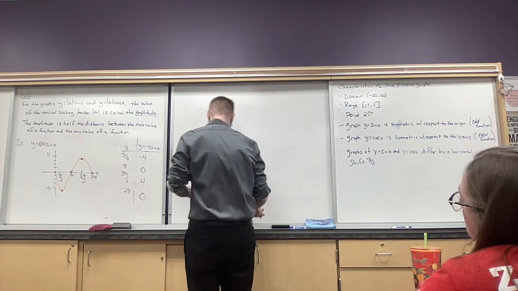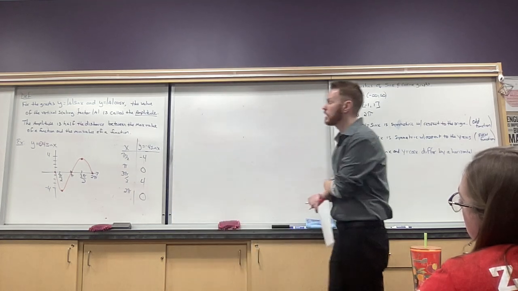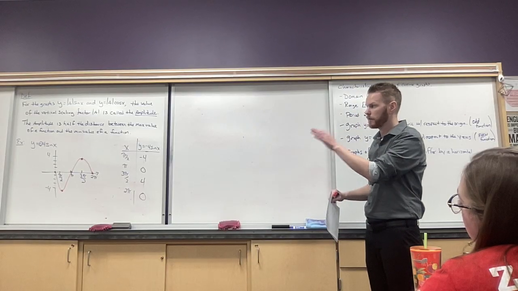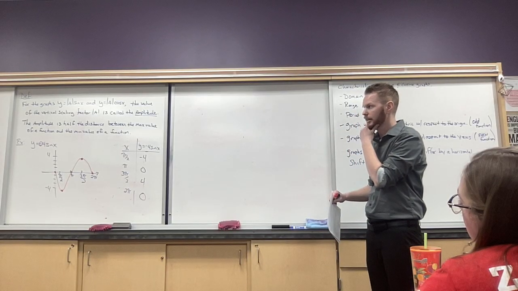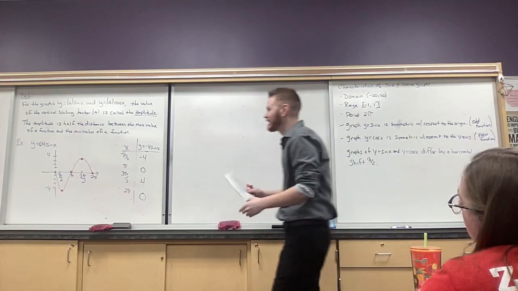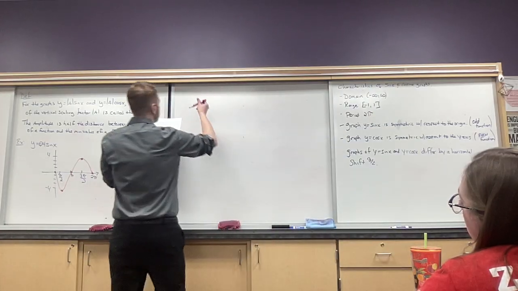So I'm going to jump to cosine next, and I'm going to show you what happens when we put a value where the input is. I'm not going to keep doing it for each one because that drags everything out longer. So let's look at cosine here.